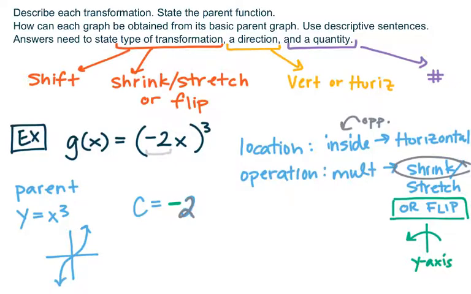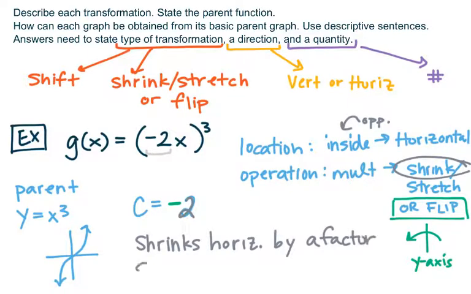So we know this is going to shrink by a factor of that reciprocal of 2, which would be 1/2. So the way we'd write our answer is we're going to say it shrinks horizontally by a factor of 1/2.